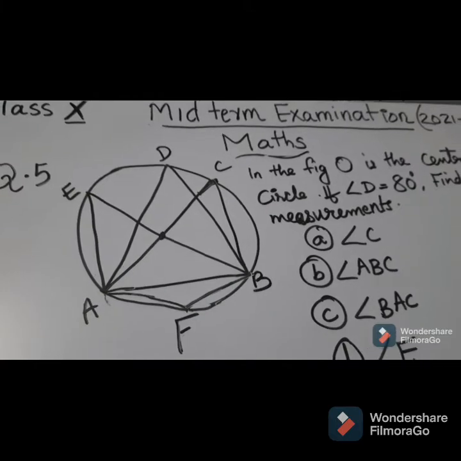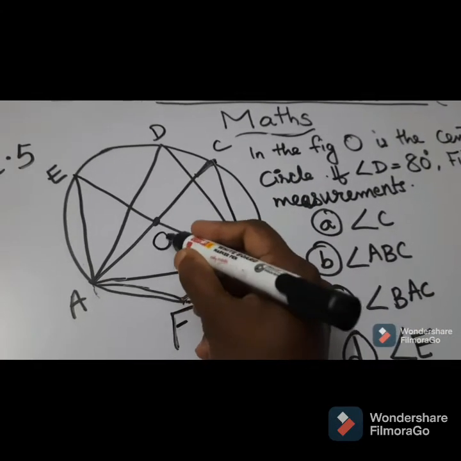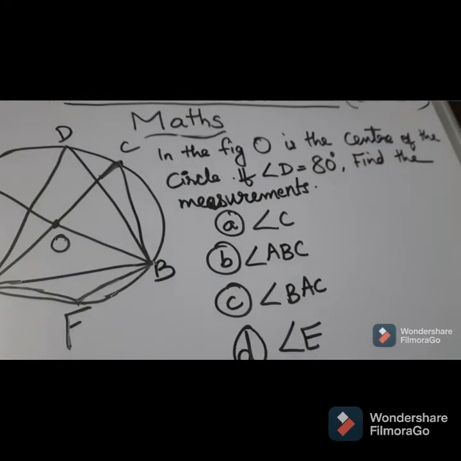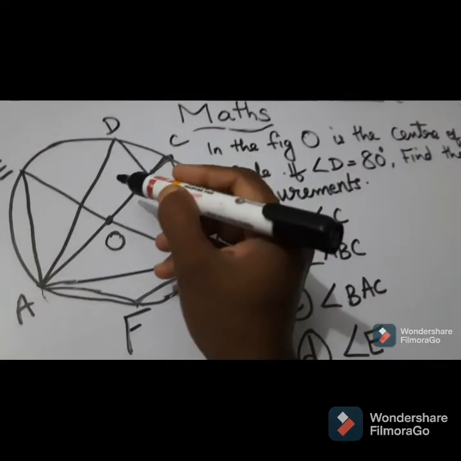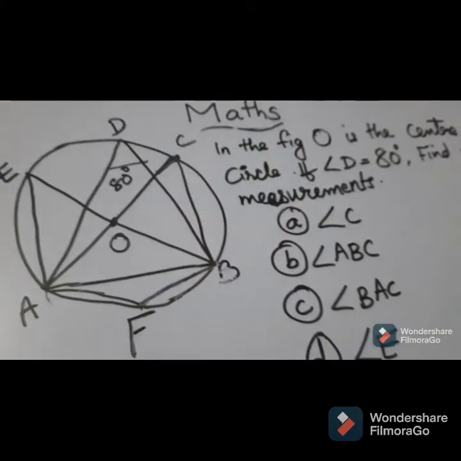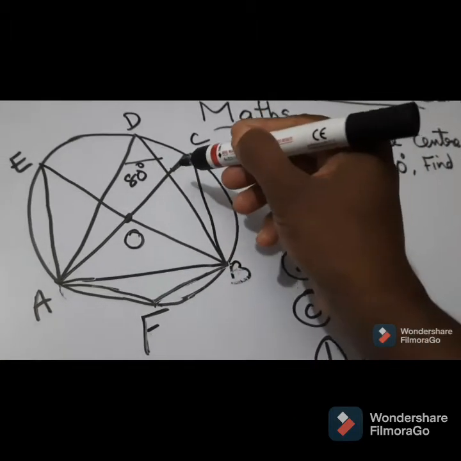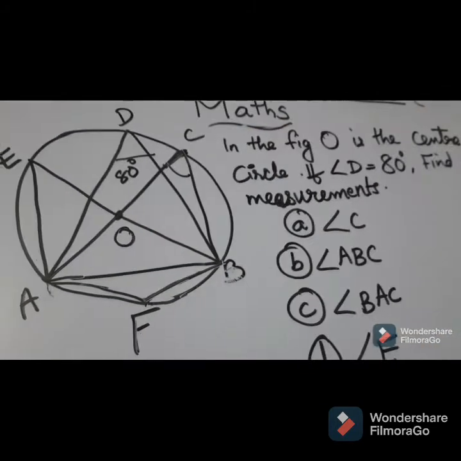Question 5. In the figure, O is the center of the circle. If angle D equals 80 degrees, find the measurement of angle C. This we want to find.